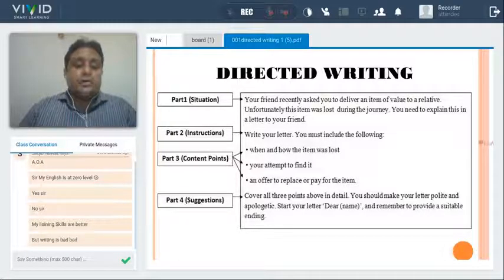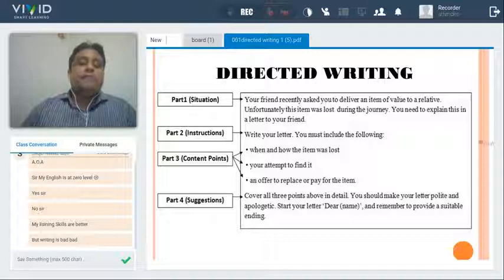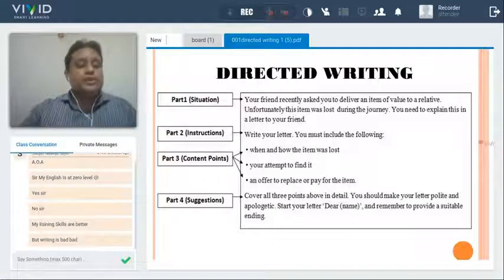Second content point, you attempt to find it. Third content point, an offer to replace or pay for the item. So you need to explain, maintain, amplify, and develop these three content points into three separate paragraphs.